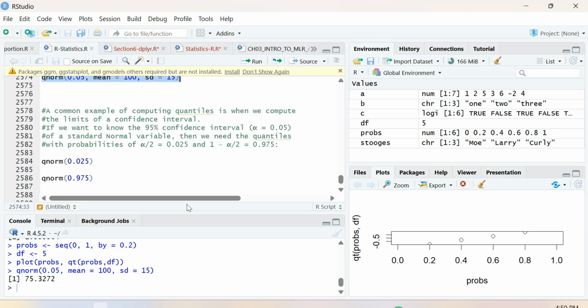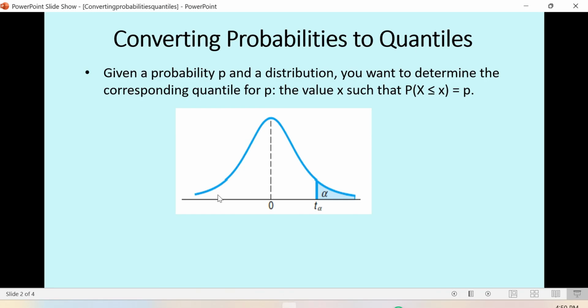So we have alpha 0.05, split on two sides, which means the white area on the left side of this critical value is 0.025, and the right area, the blue area, for this critical value is also 0.025.